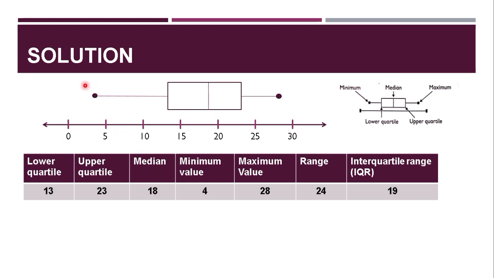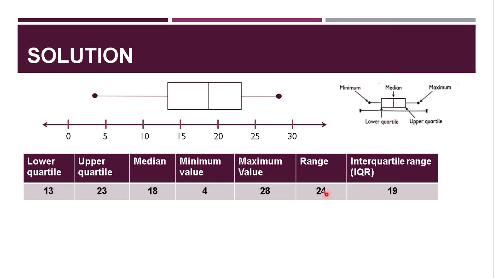The minimum value, the first point of the whisker, is 4. Our maximum value, on this side, is around 28.